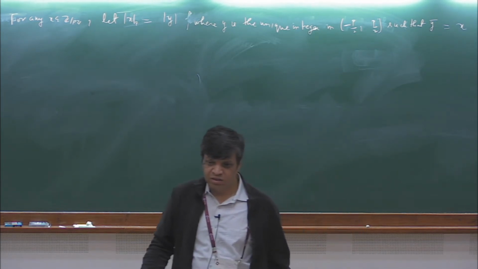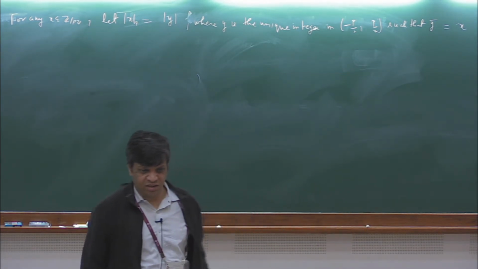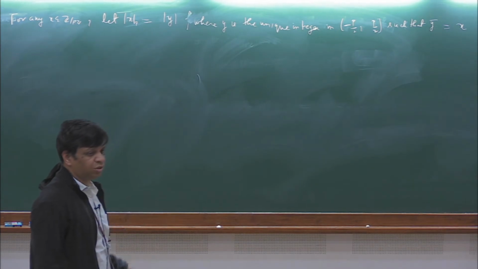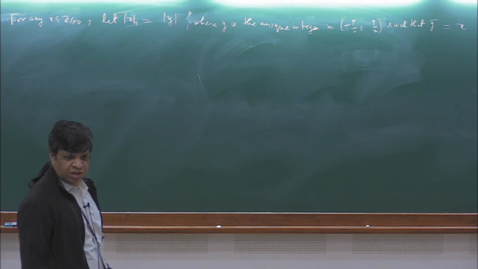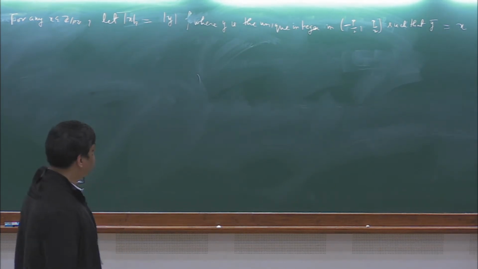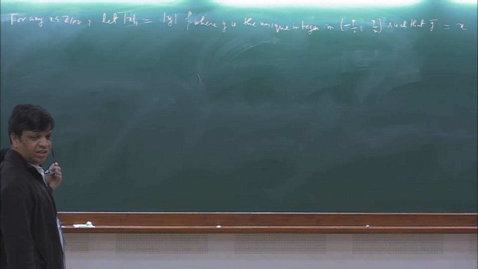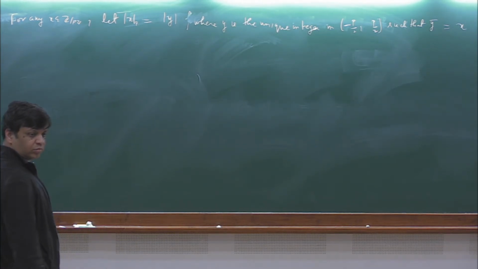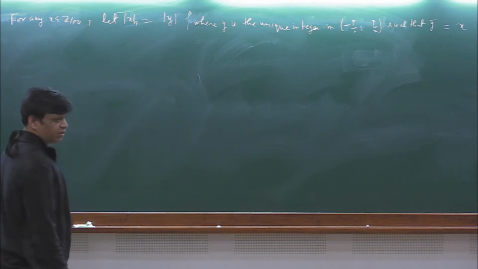So if I am taking, say, minus p by 2 to p by 2, choose a unique integer. That is how I am defining this for any x belonging to Z mod pZ.